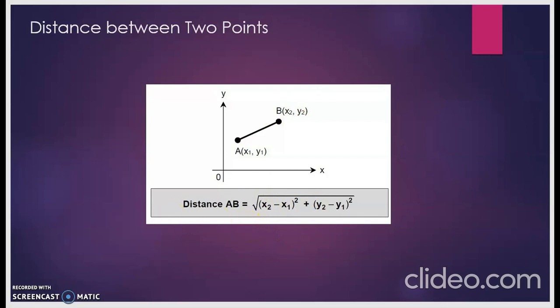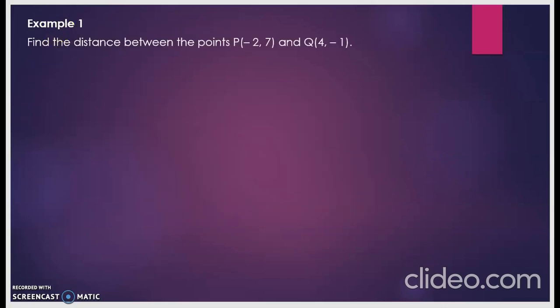So let's look at one example. Let's say the first example. Find the distance between the point P and point Q. In order to find the distance of PQ, let me write down the formula.